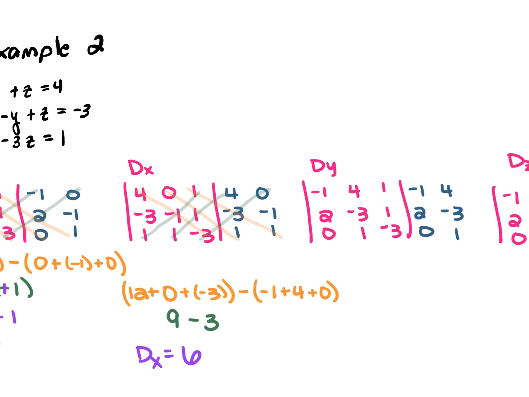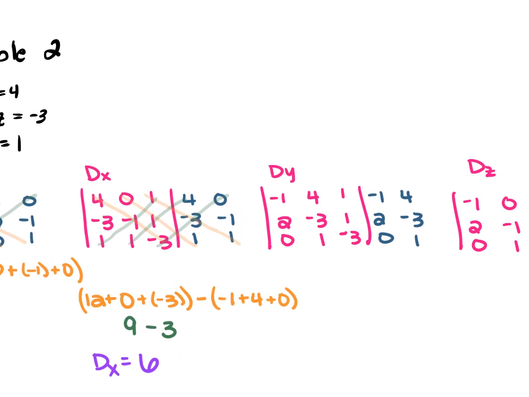To find d sub y, we're going to do 1 times negative 3 times negative 3. So that's negative 9. Plus 4 times 1 times 0 is 0. Plus 1 times 2 times 1 is 2. Minus 0 times negative 3 times 1 is 0. Plus 1 times negative 1 is negative 1.